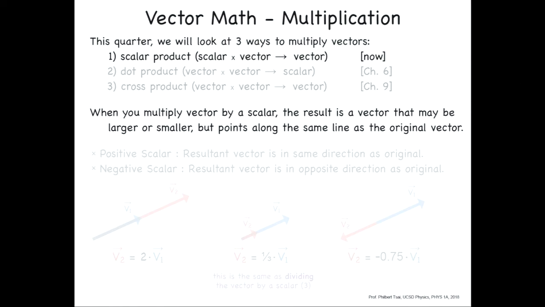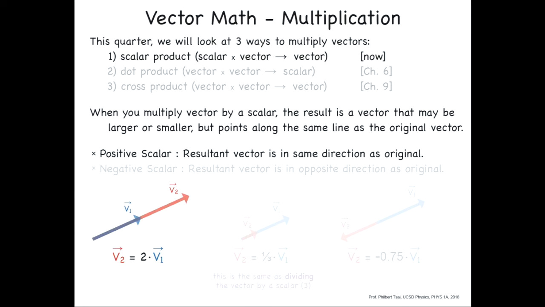When you multiply a vector by a scalar, the result is either the same vector that's larger or the same vector that's now smaller. You cannot rotate something by multiplying it by a scalar. It points along the same line as the original one. If it's a positive scalar, it'll point in the exact same direction, so you'll point like this.